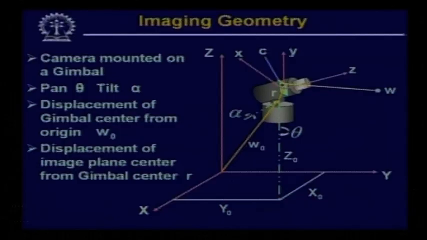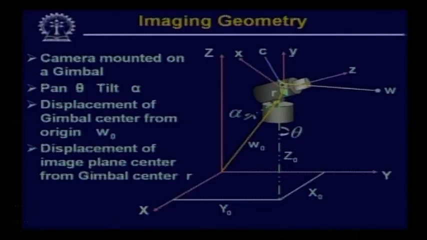If you mount the camera on a gimbal, then using the gimbal, the camera can be given a pan of angle theta. It can also be given a tilt by an angle alpha. You remember that pan is the rotation around the z axis and the tilt is the rotation around the x axis.